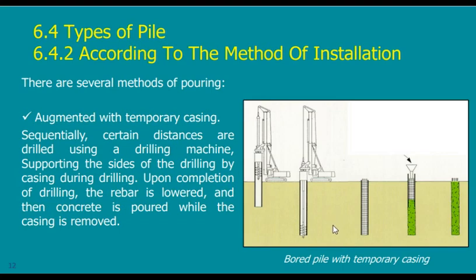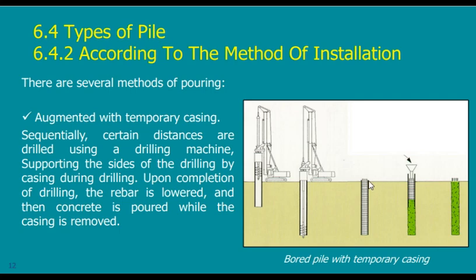So this is the first type that we have just discussed. I will drill the hole through a steel pipe, and then I reach the bottom, the required depth. I will take out my machine and the hole will stay open because of the existence of this pipe.